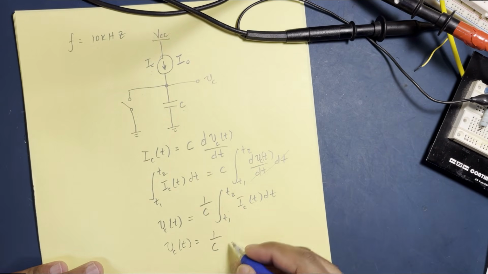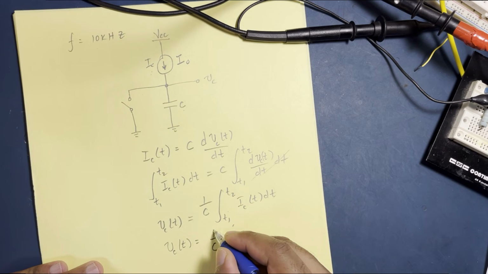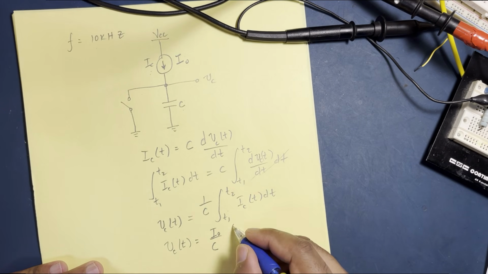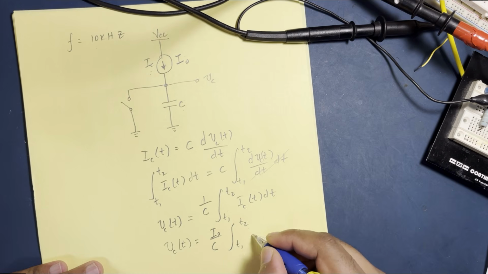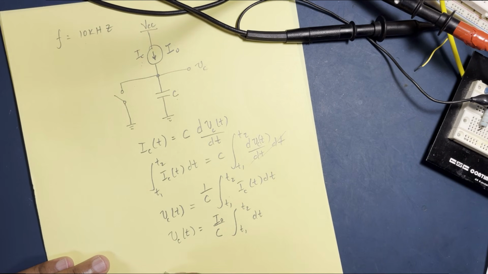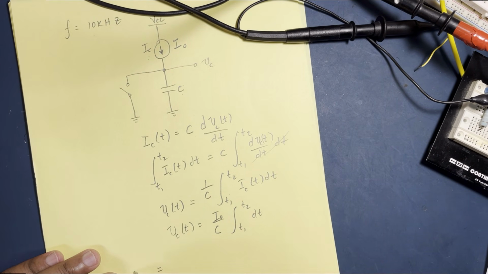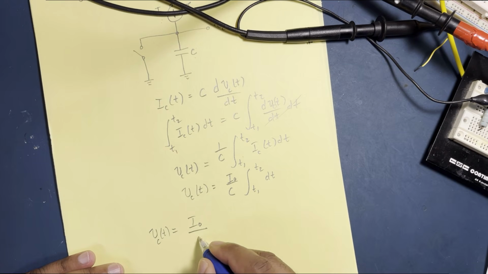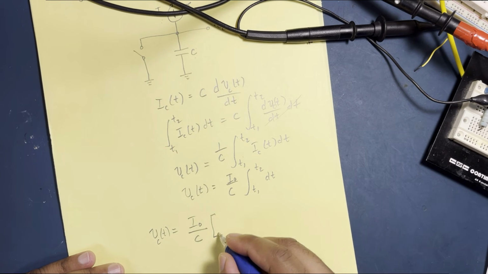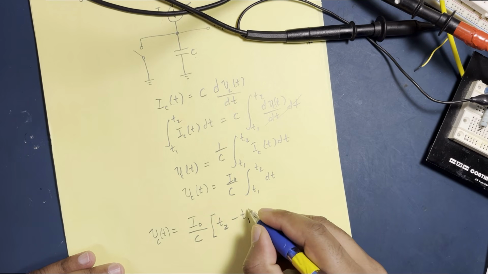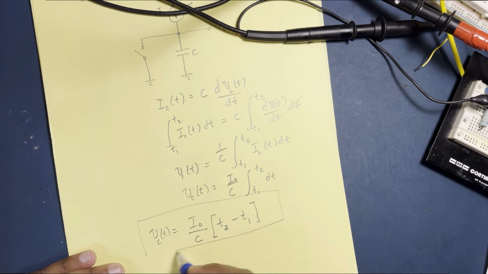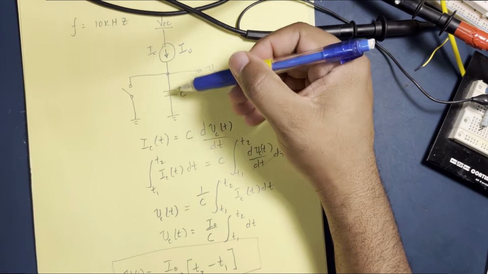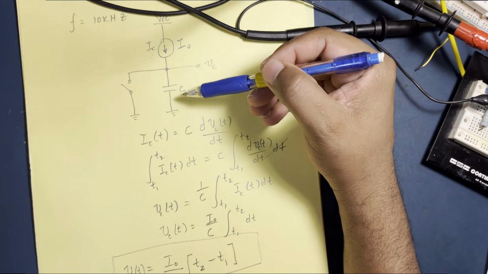Since it's constant, I naught comes out of the integral, so what you get is the integral from T1 to T2 of dt. This reduces to a simple equation: VC(t) is the fixed current divided by the fixed capacitance, multiplied by the time difference T2 minus T1. Basically this holds true across any capacitor that has a constant current flowing into it.